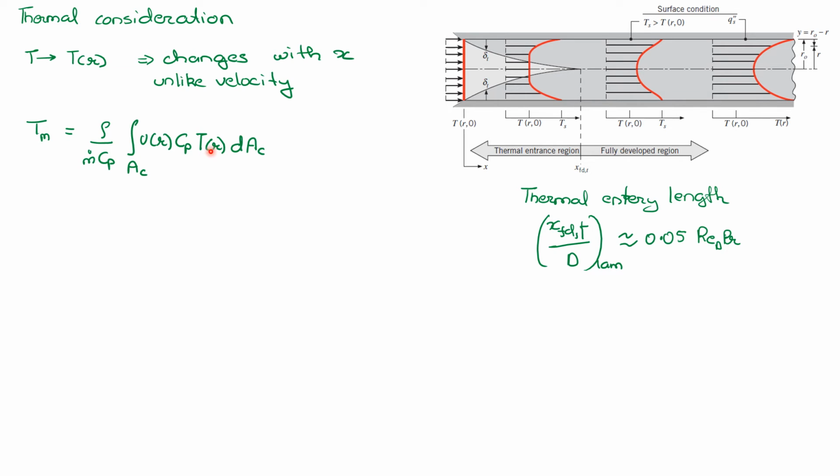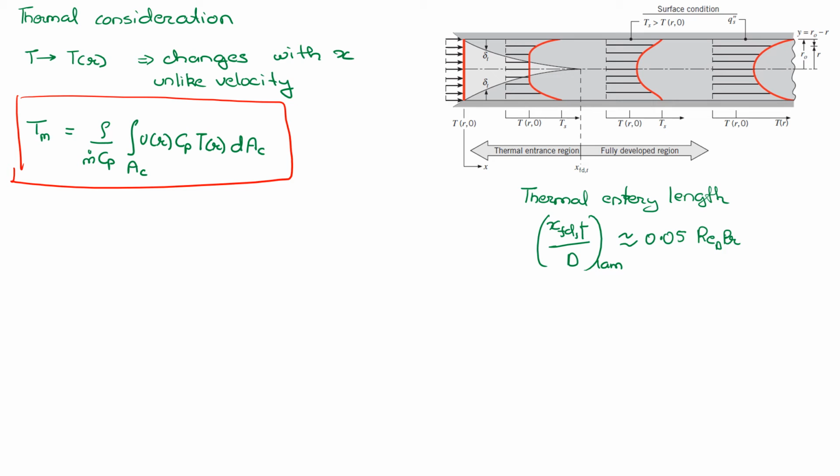So in this particular case, we will need some quantity which we need to define that does not change with x in the fully developed region. So for that, let's first define a mean temperature so that we know where to calculate the properties at. So the mean temperature of the fluid has a relation which is this.